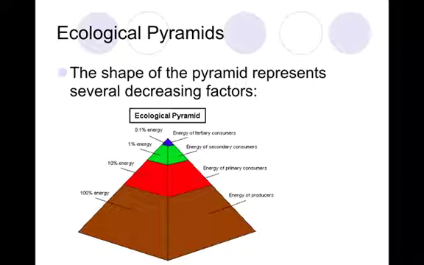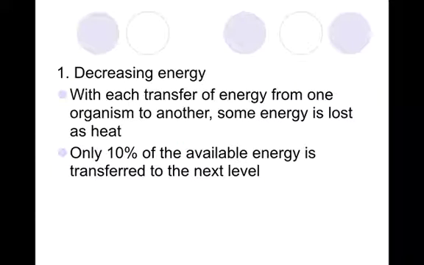That means our tertiary consumers that feed off of our secondary consumers are only going to get 10% of the 1% that is available. So that's 0.1% energy. So each level as you go up, one of the decreasing factors is the decrease in energy. So that's the first thing here, the decreasing energy.